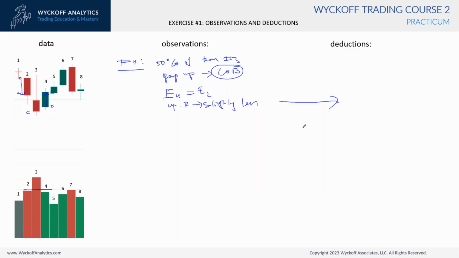Ever so slightly, supply is moving the price easier in the downward direction. So it's kind of pretty cool. Let's just put it down. Supply moves price slightly easier.